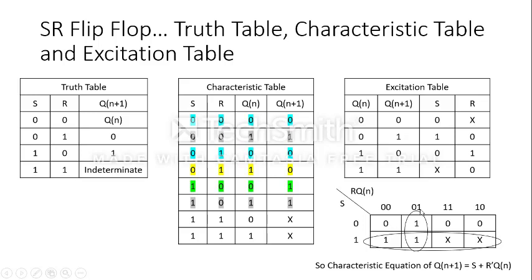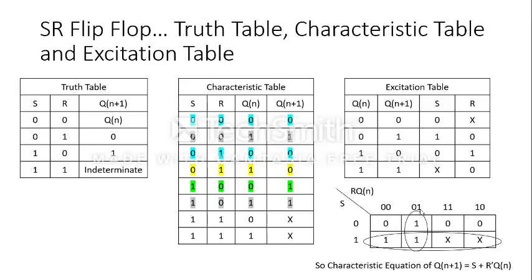So we have prepared all these things for this SR flip-flop. The truth table, characteristic table, excitation table have been prepared, and the characteristic equation has also been generated. But what was the problem in this SR flip-flop? You can check that when both the S and R inputs are 1 1, this is the indeterminate state.